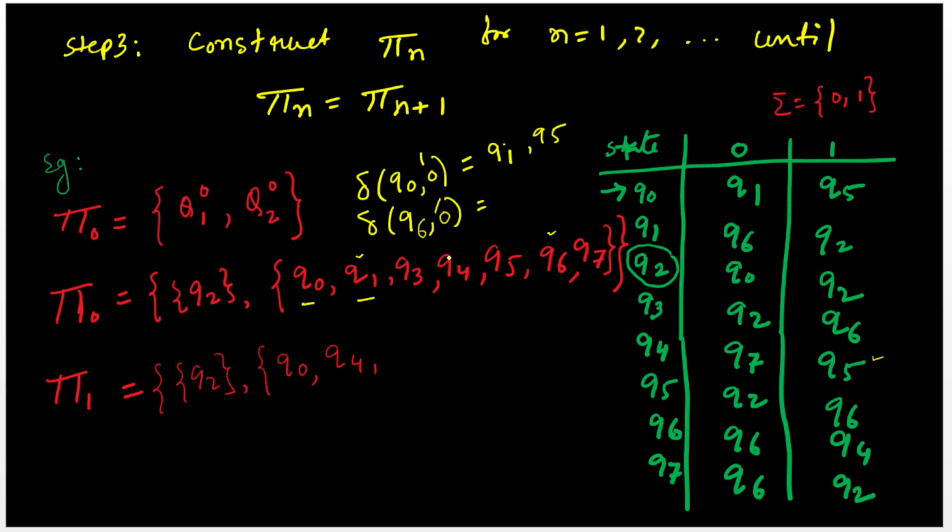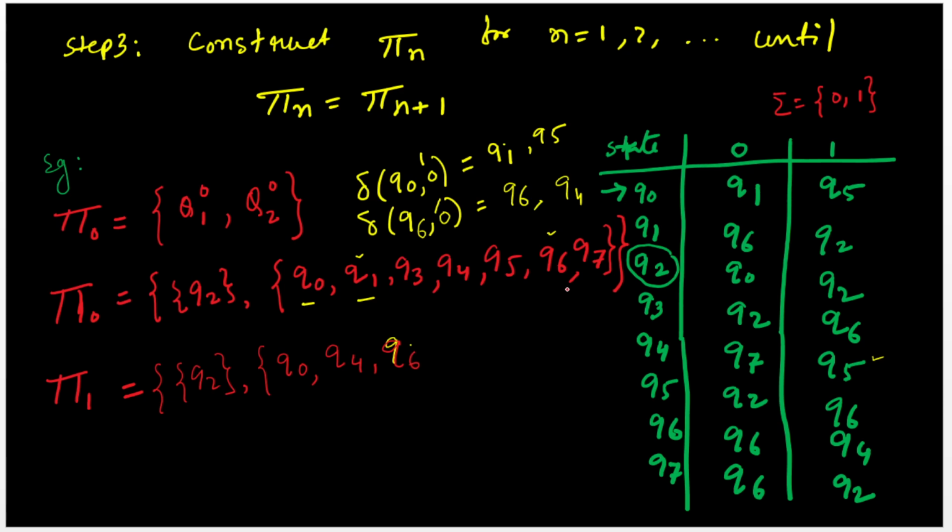If we take 0 from Q6, it will give you Q6. So Q1 and Q6 are in the same equivalence class. And if we take 1 from Q6, it gives Q4, and Q4 and Q5 are also in the same equivalence class. So Q6 also comes in the same subset.